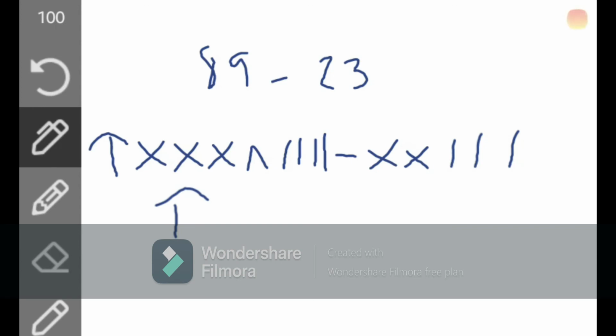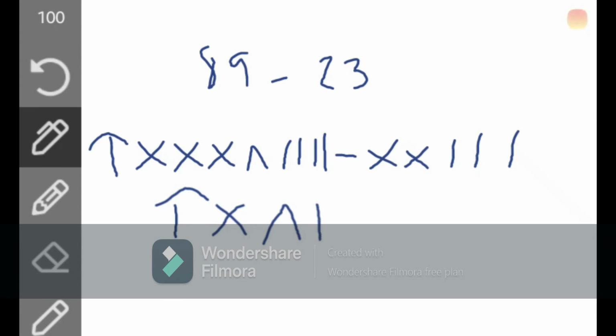So 3 X's minus 2 X's is 1 X. On the left side there's only one inverted V, and on the right there's none, so let's just bring it down. And there are 4 bars on the left and 3 bars on the right. So 4 bars minus 3 is 1.